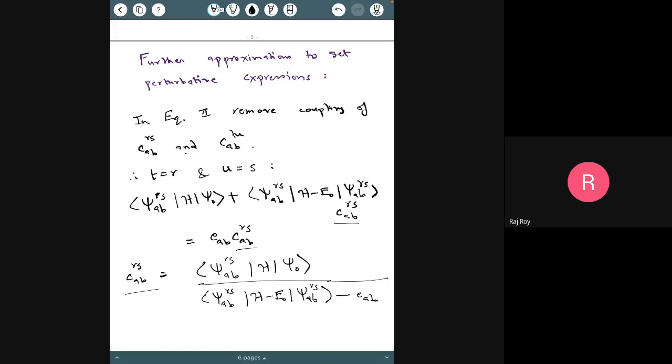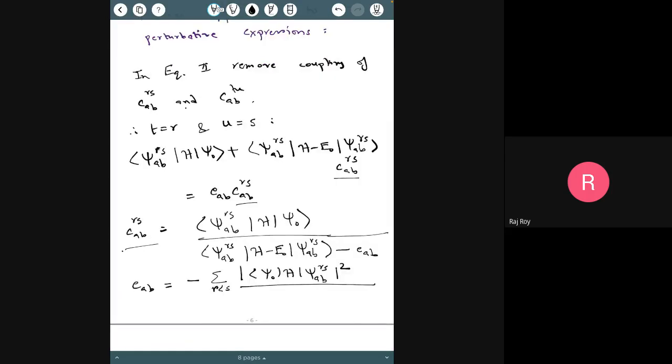And I replace the value of this coefficient now in my energy expression, and I straight away get an expression for the energy, the pair correlation energy, and that is the sum over R not equal to S of mod psi 0 H psi ABRS squared divided by this entire thing: psi ABRS H minus psi 0 minus EAB.